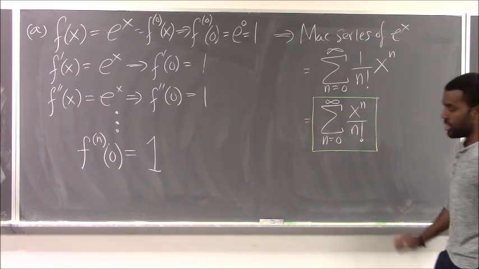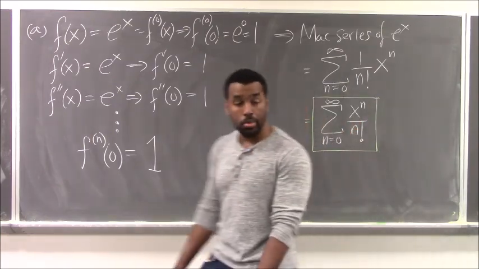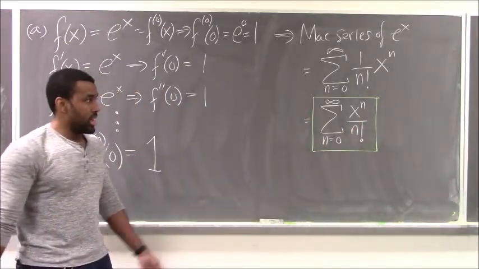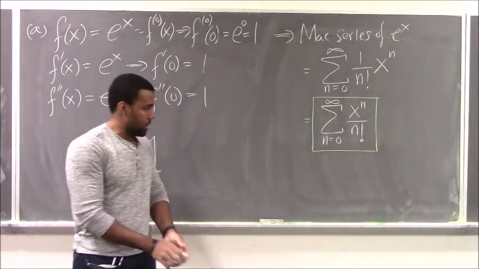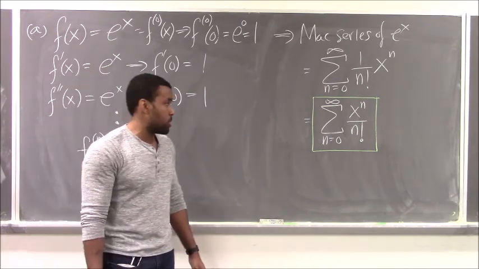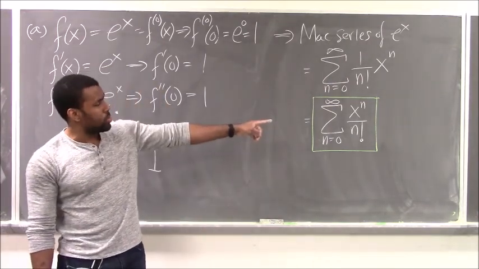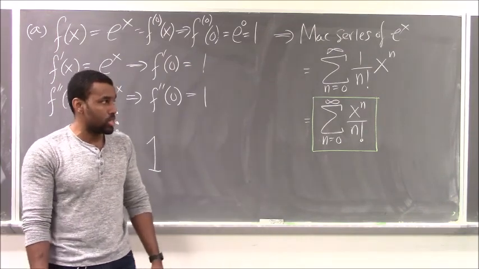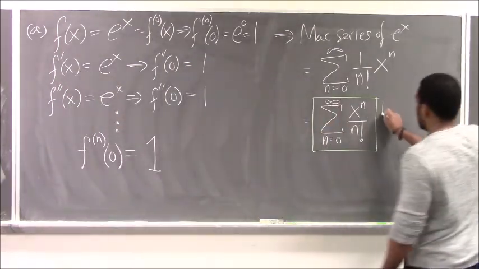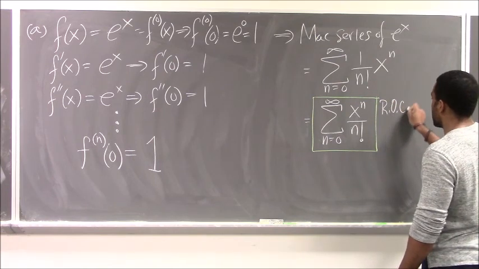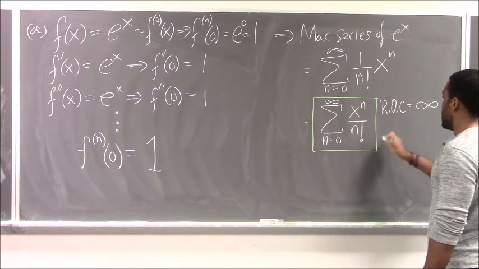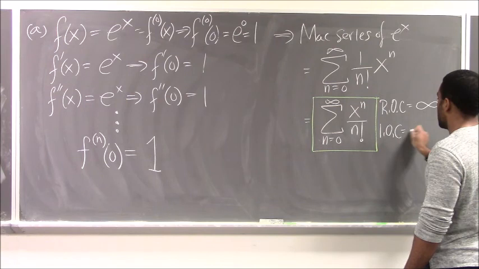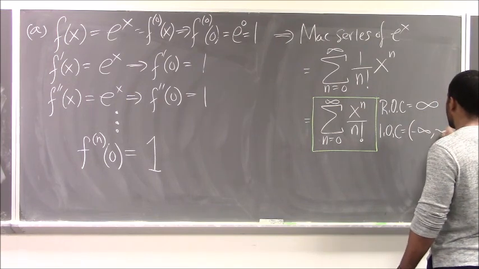Now, something else that you would probably notice here is that that's actually a previous example, if not in the last class, the class before that. This was one of the examples for which we already found the radius of convergence and the interval of convergence. And this one worked everywhere. The radius of convergence was infinity, and the interval of convergence was minus infinity to infinity.